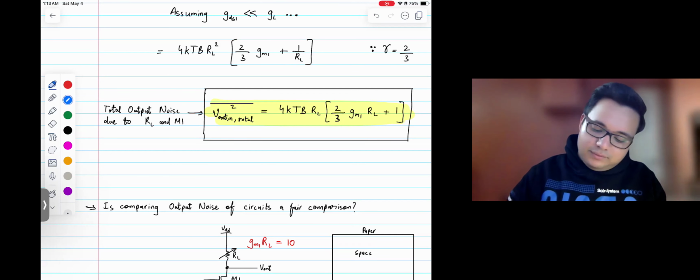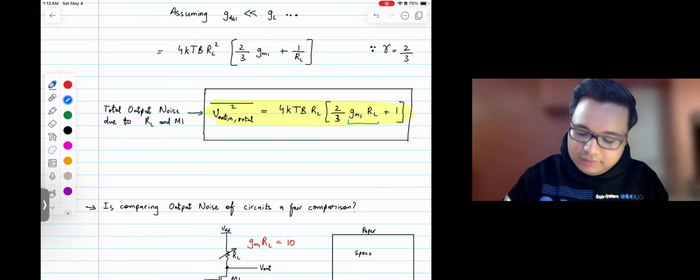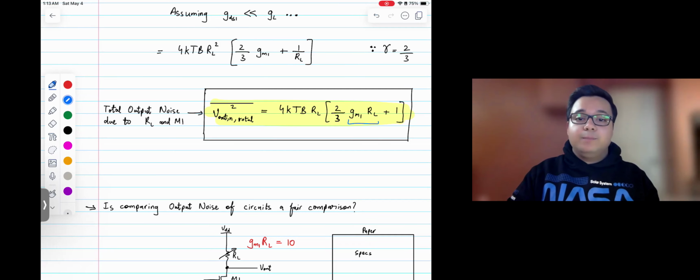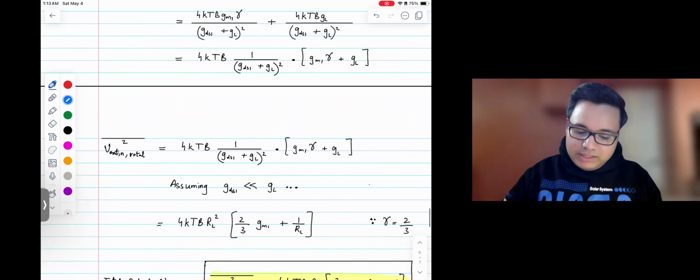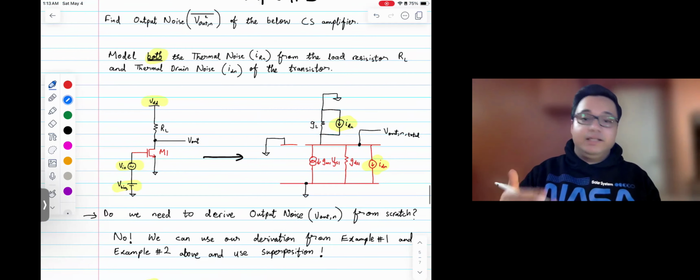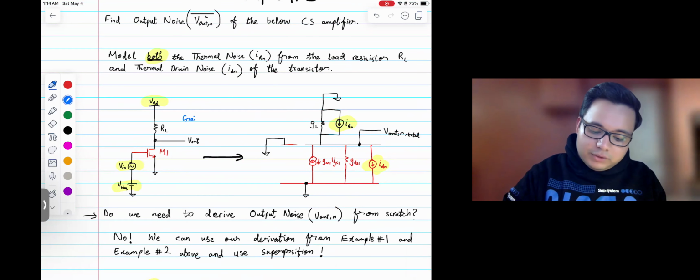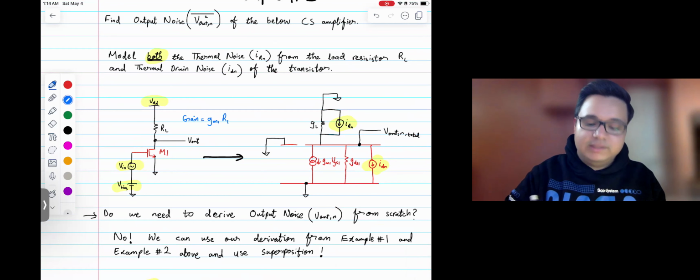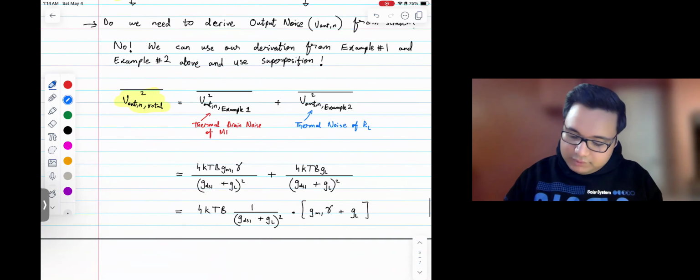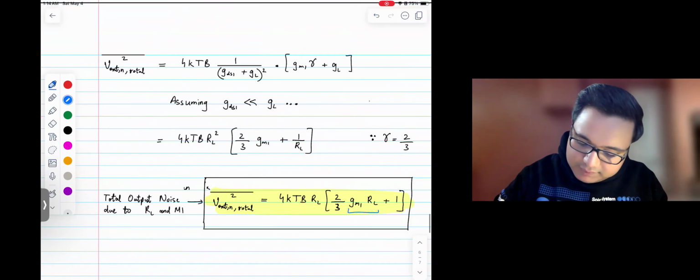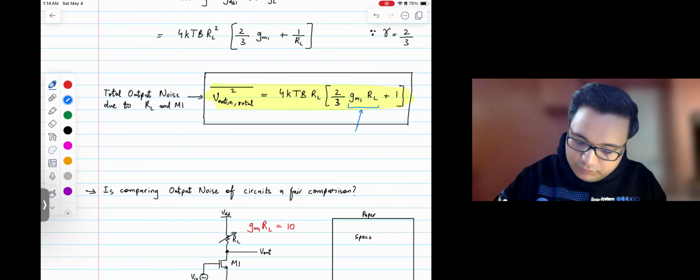What about this term over here, GM1RL? If you look at a common source amplifier that we have been looking at in example 1, example 2, and example 3, the gain of a common source amplifier is GM1RL in this case, right? So I can label this as the gain of the common source amplifier.